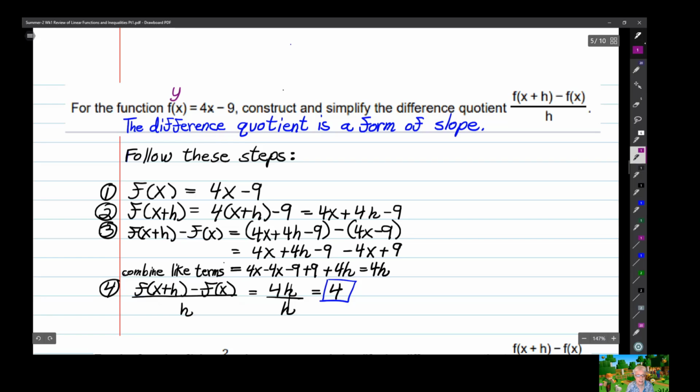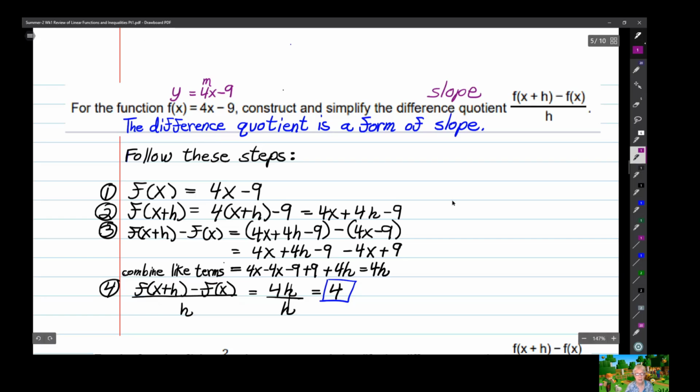This is just y equals 4x minus 9. And you know that when you have a y equals linear equation, the number in front of the x is the slope. The difference quotient is the slope. Well, that's easy for a straight line.